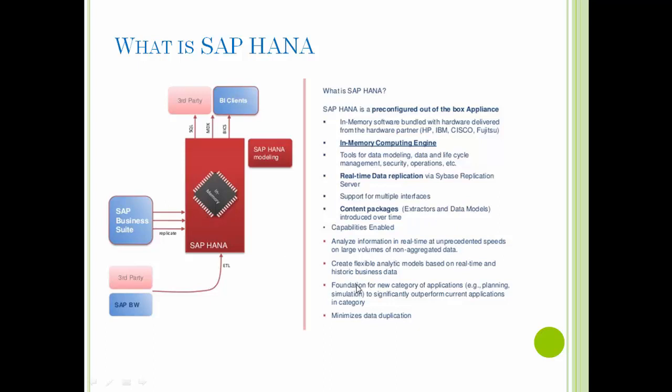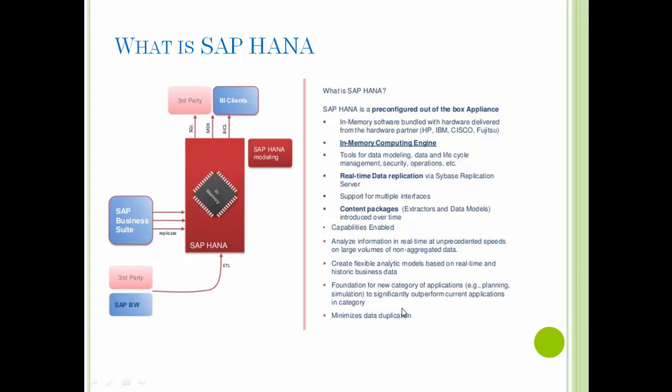Huge capabilities enabled. As explained, it can analyze information in real time at unprecedented speeds, large volumes of non-aggregated data, non-structured data. Create flexible analytical models based on real-time business needs. Work on the historic business data.